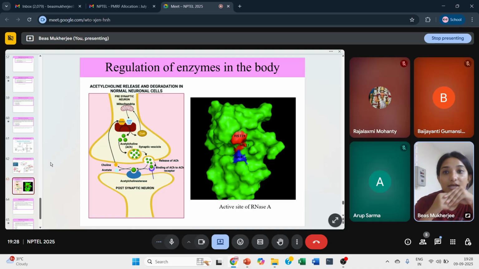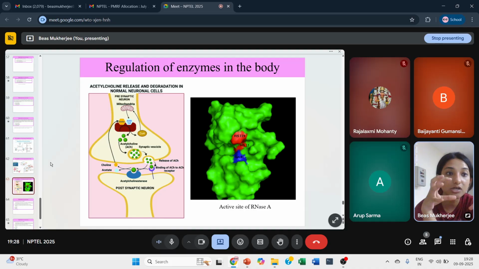So what is happening? This acetylcholine is getting released. It is formed and surrounded by the synaptic vesicle.